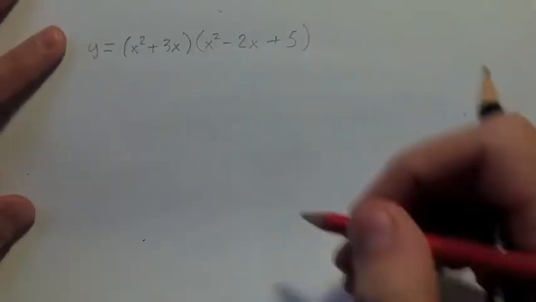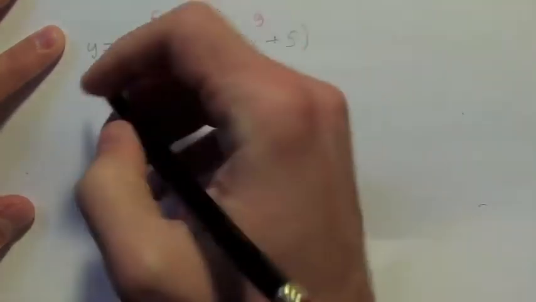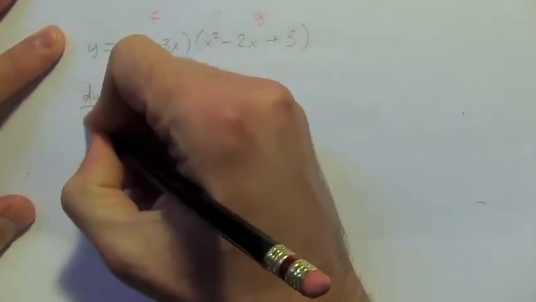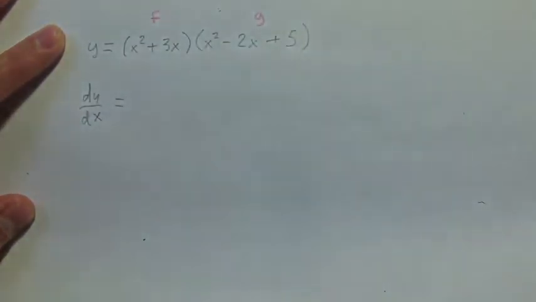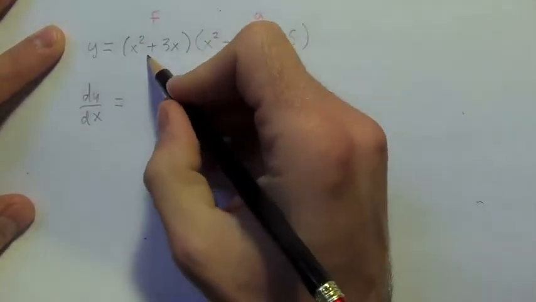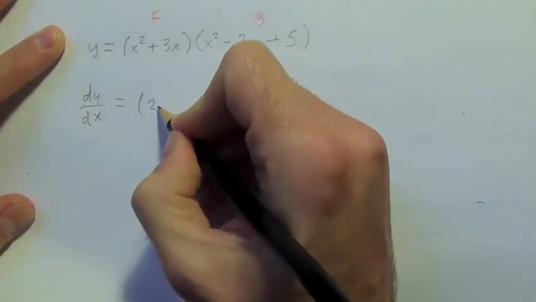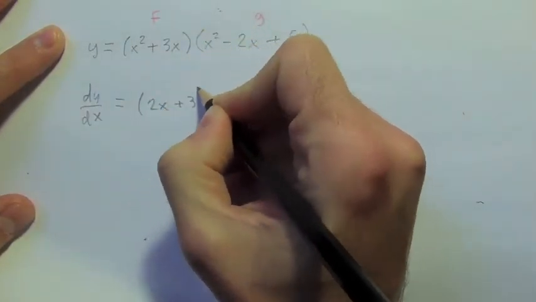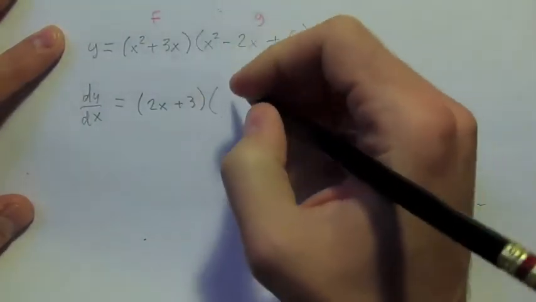Okay, so this is going to be my f here, this will be my g. So when I go to take the derivative, dy over dx, it's going to be the derivative of the first guy, so 2x plus 3, times the second guy left alone.